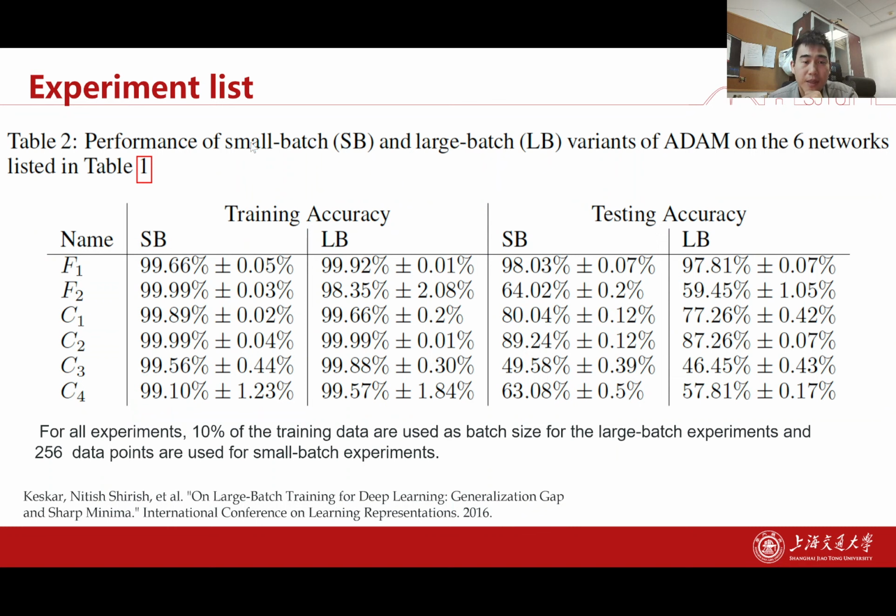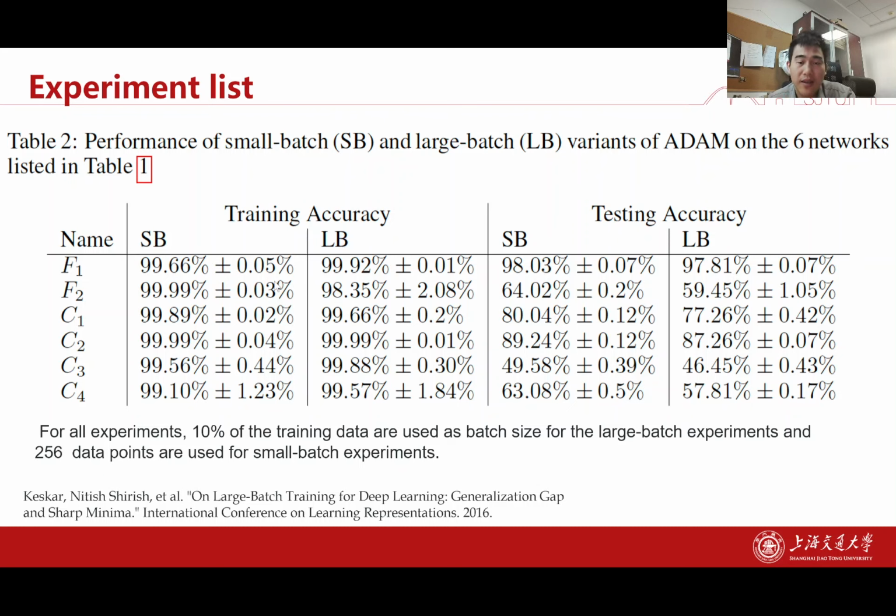The small batch is denoted by SB, and the large batch is denoted by LB, and they use different experiments to show that for the training accuracy, small batch or large batch can always achieve almost 100% accuracy.